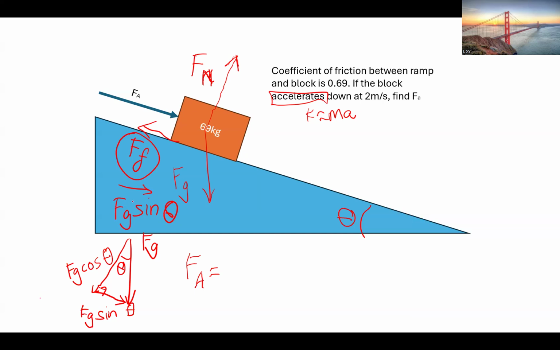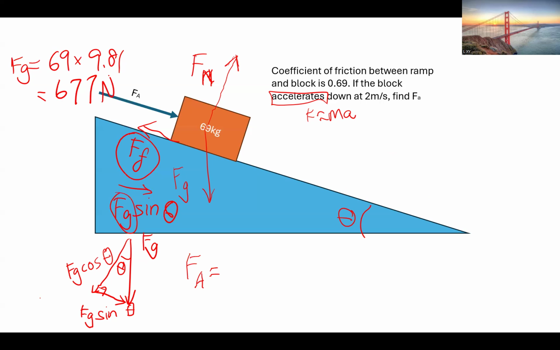And we can easily get Fg, which is mass times acceleration due to gravity. If we use a calculator, I'll show you the results. It's 69 times 9.81, which is equal to 676.89. For simplicity, we'll put it to 677 newtons.